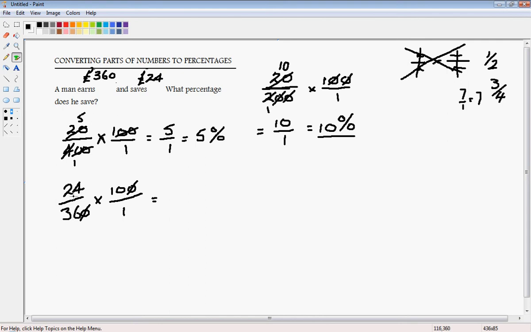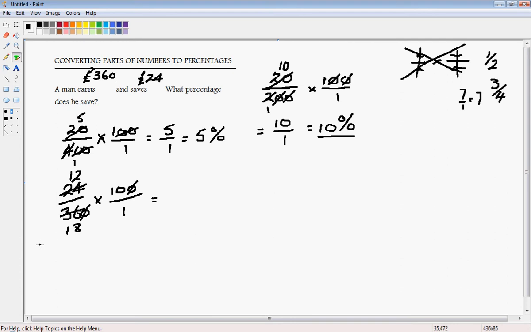Now I look at the numbers, so 24 and 36, and also 36 and 10. So I'm looking for a connection. Now I know that 12 will go into both of these numbers, but let's assume that I don't. Okay, I know they're both even numbers. So 2's into 24 goes 12. 2's into 36 goes 18.